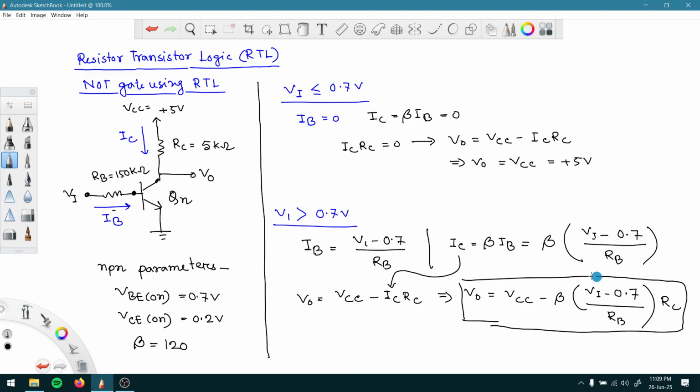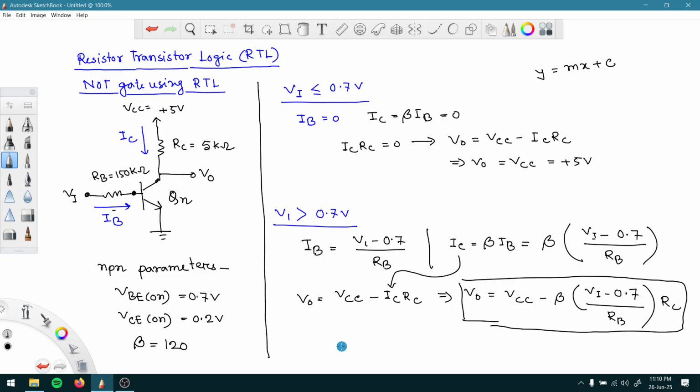The equation we are seeing here for this active mode is actually a straight line, and more specifically a straight line which has negative slope. We know that whenever we have a straight line, it has a format like this: y is equal to mx plus c, where m is the slope and c is the constant. So if we simplify this equation into this type of format, V0 is y, and Vi is x, right?